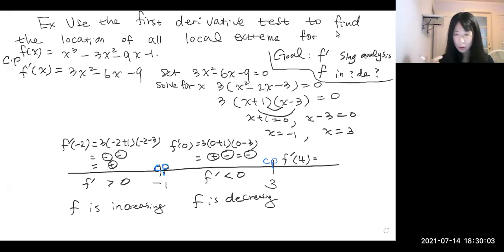We substitute 4 into the f prime of x. So 4 plus 1 is positive, and 4 minus 3 is positive. So we get positive, which is greater than 0, right? So here, f prime is greater than 0. That means f is increasing, right?